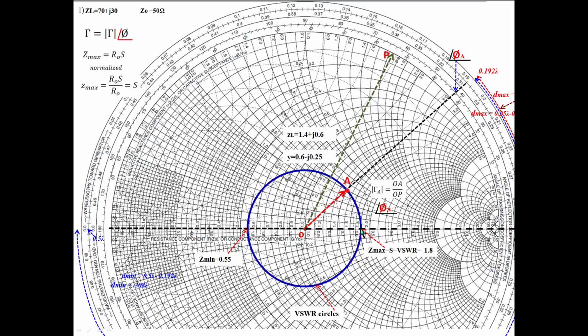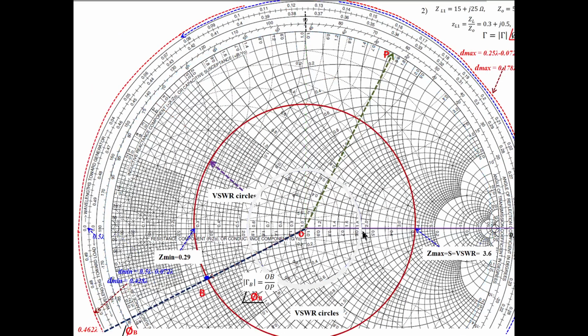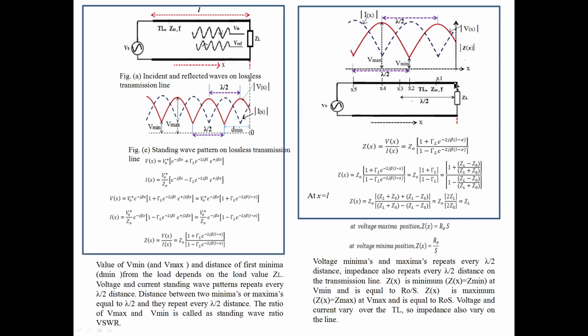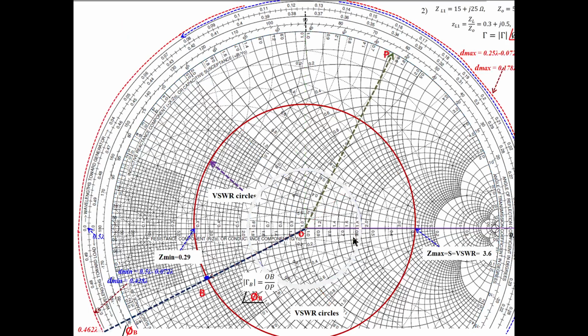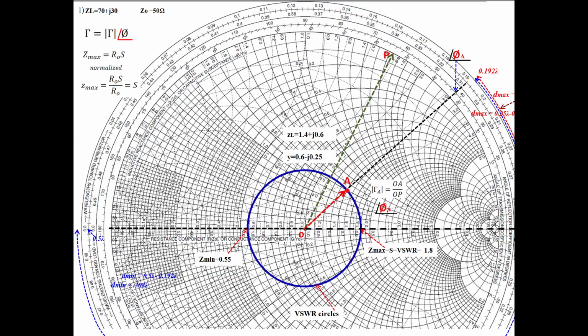Always this value is higher than whatever readings you measure elsewhere. That's why this is the maximum impedance observed on the transmission line. That actually happens at the V maxima position. If you move like this, at this V maxima position there is a maximum impedance. That is what we can read here.